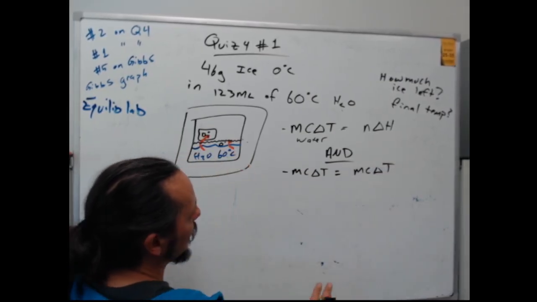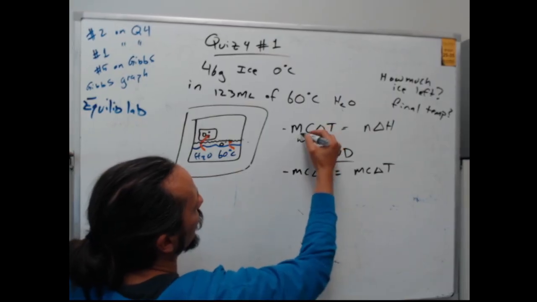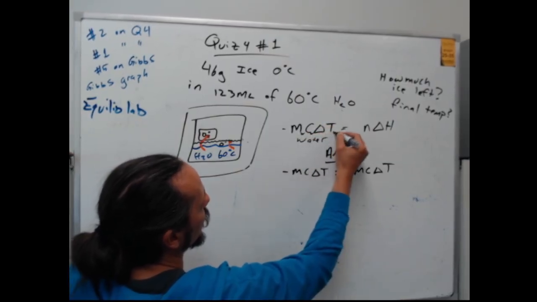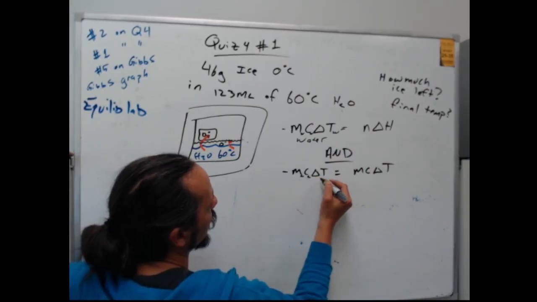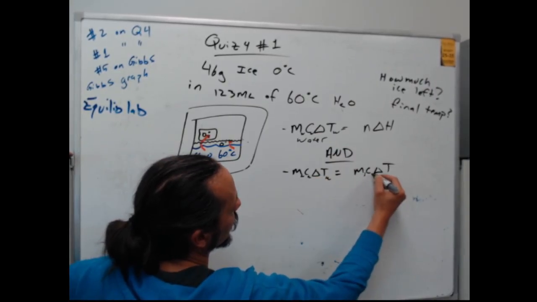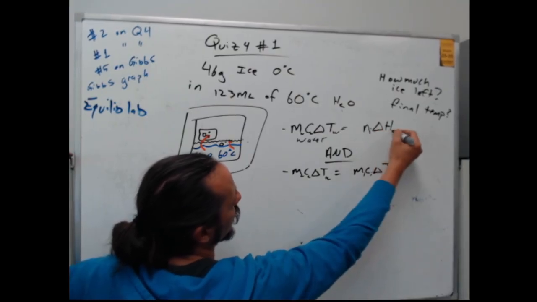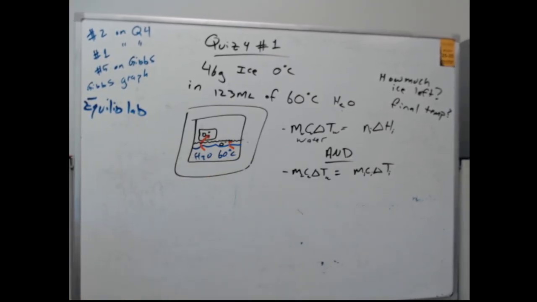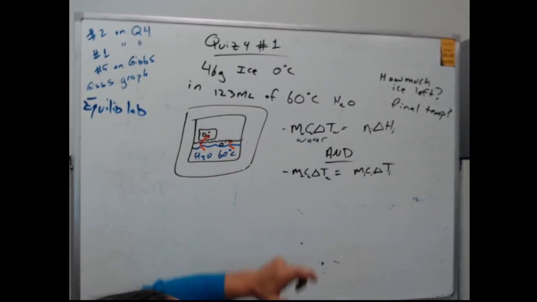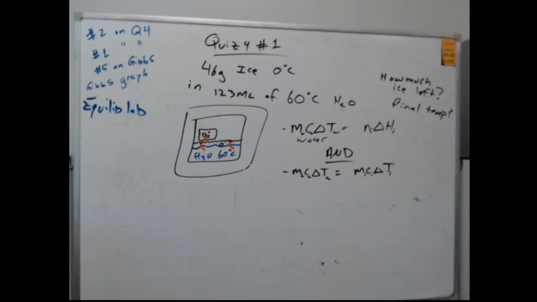I'm going to be a little bit careful. This is the water system, and this is the ice system. Since this is the same water system, I can put these together.